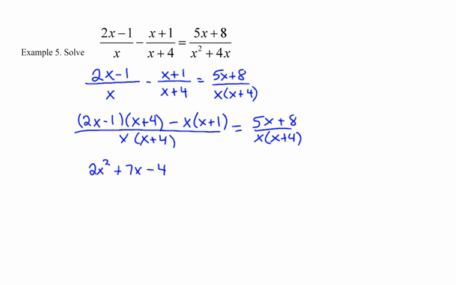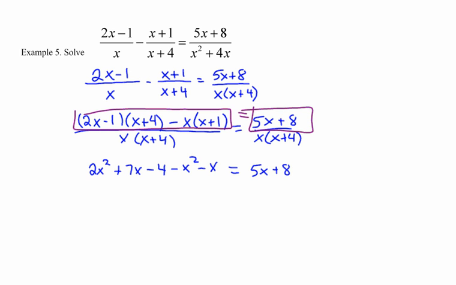And then a minus x squared minus x equals 5x plus 8. That's only because they have the same denominators. All right, combining like terms, you have an x squared here, a 6x minus 4.